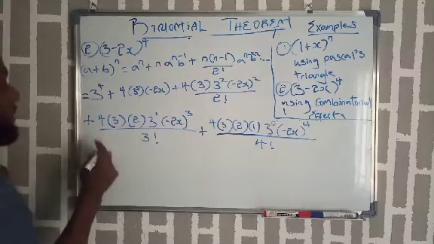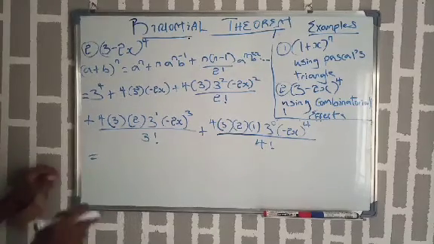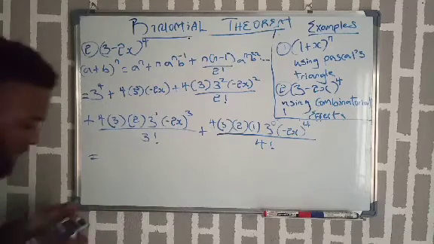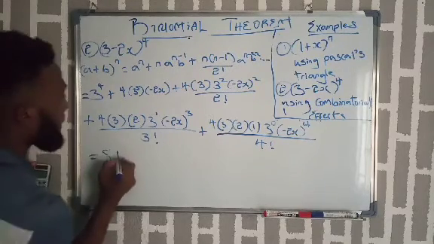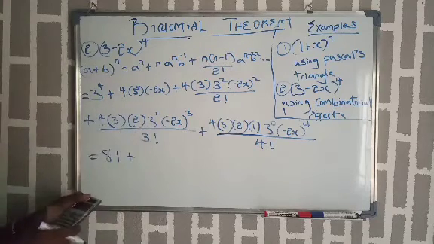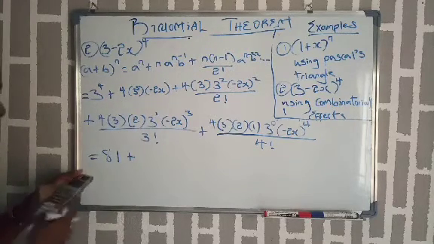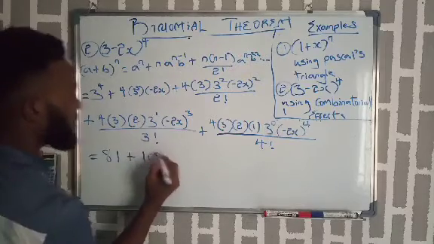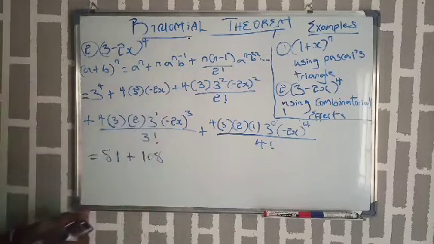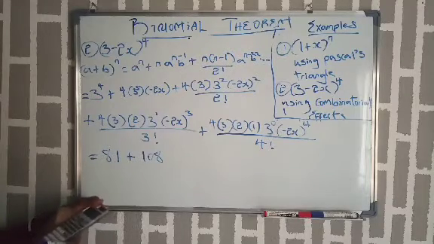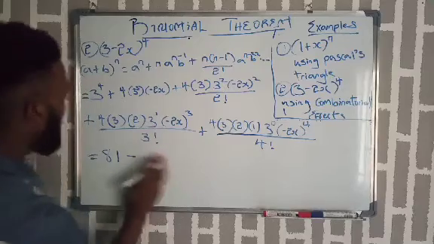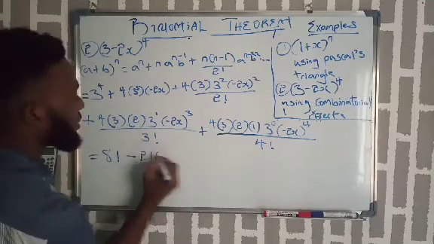So let's open up everything. This becomes 3 times 3, 9, 9 times 3, 27, 27 multiplying 3 will be 81, plus 27 multiplying 4, this is 108. Then 108 multiplying minus 2x, that becomes minus 216x.